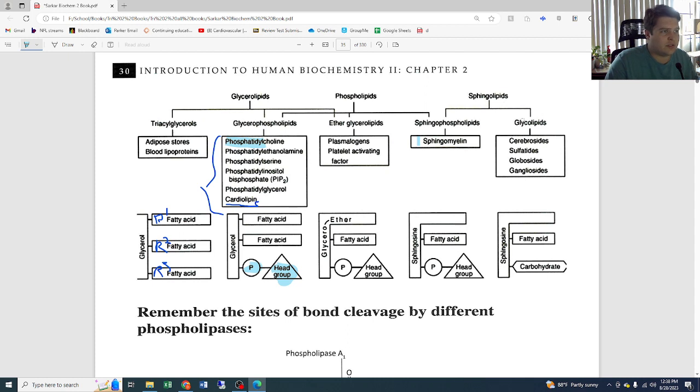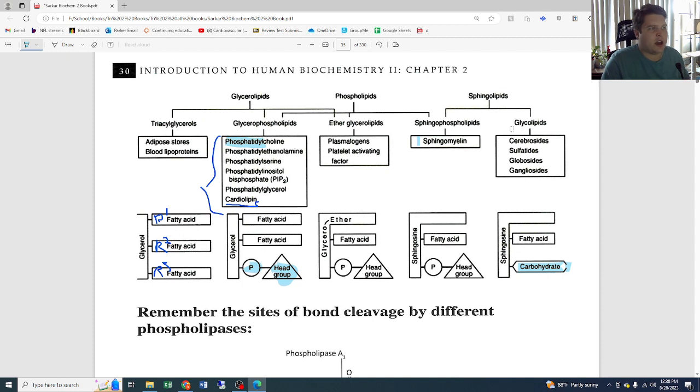And then we also have the glycolipids seen here, cerebrosides, sulfatides, globosides, and gangliosides. And this is our sphingosine base with a fatty acid and glucose, and we have a carbohydrate bound there.